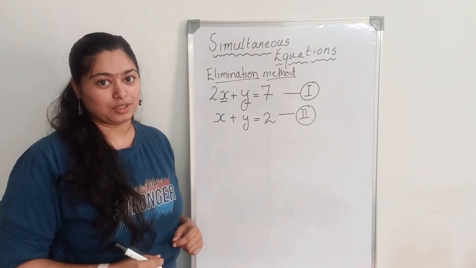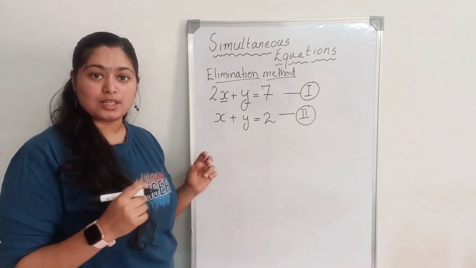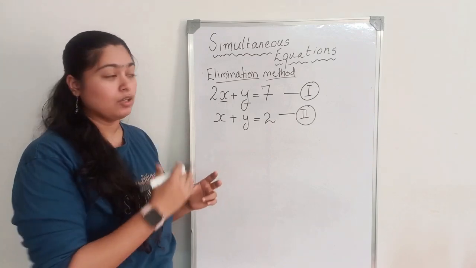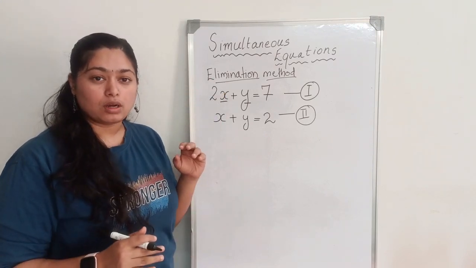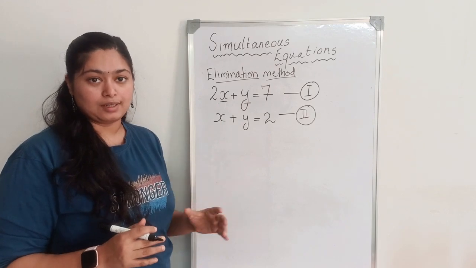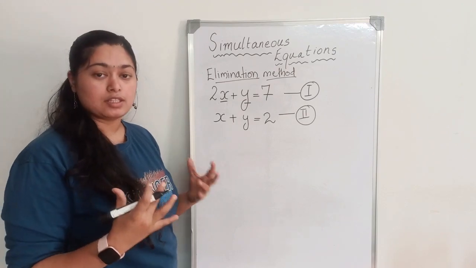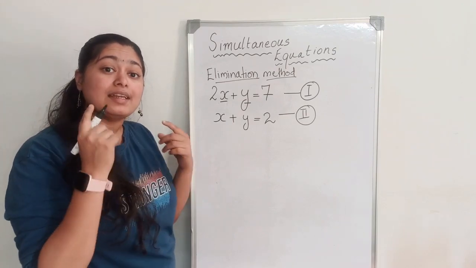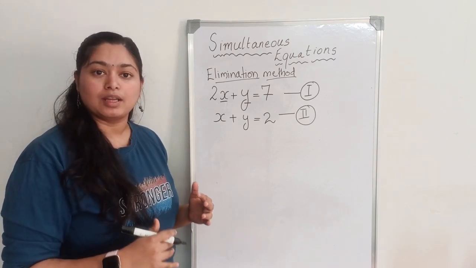At least I think it's easier. So let's see how to solve these two equations and find the values of both x and y using the elimination method. Elimination means to remove or eliminate. So here our aim is to remove or get rid of at least one variable so that you can easily find the remaining variable.